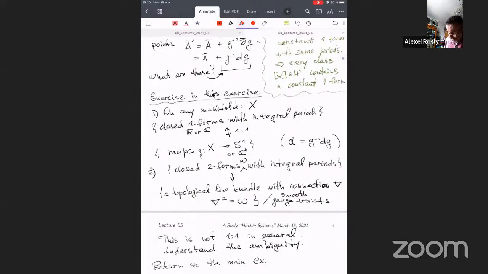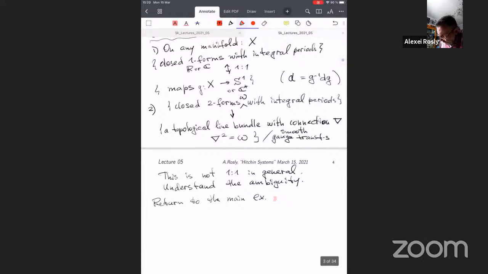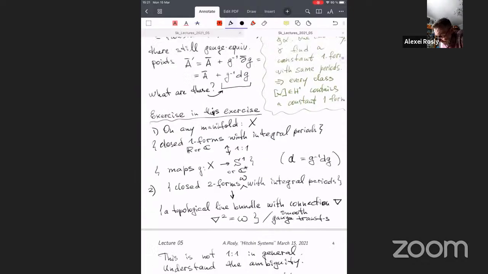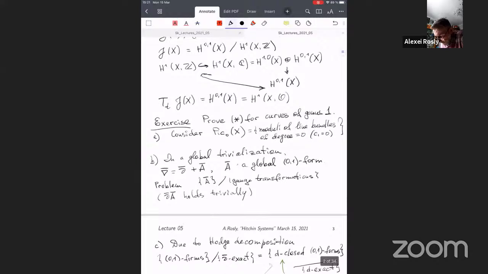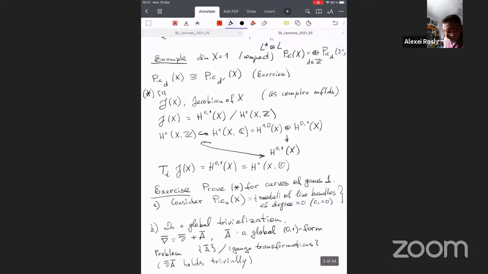So returning to this, we obtain that Pic 0 of X for genus 1 is H^{0,1} of X modulo the forms with integral periods.